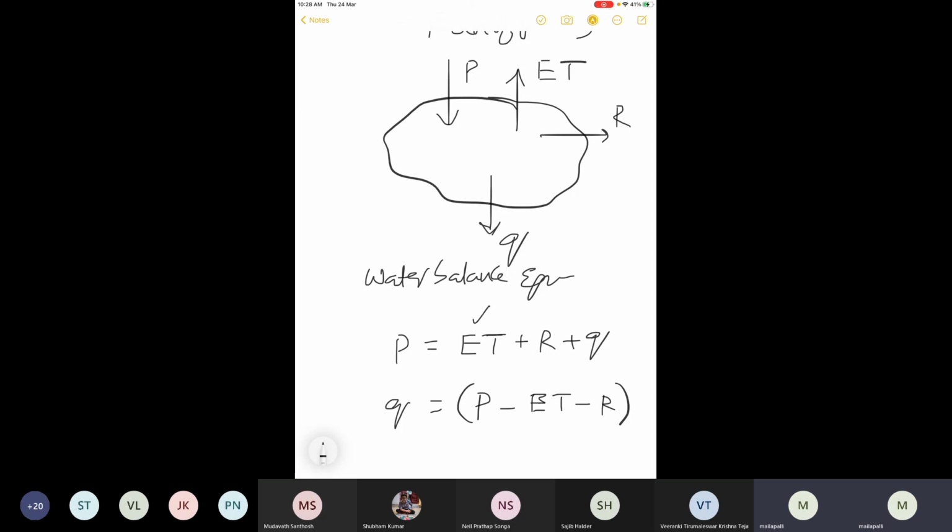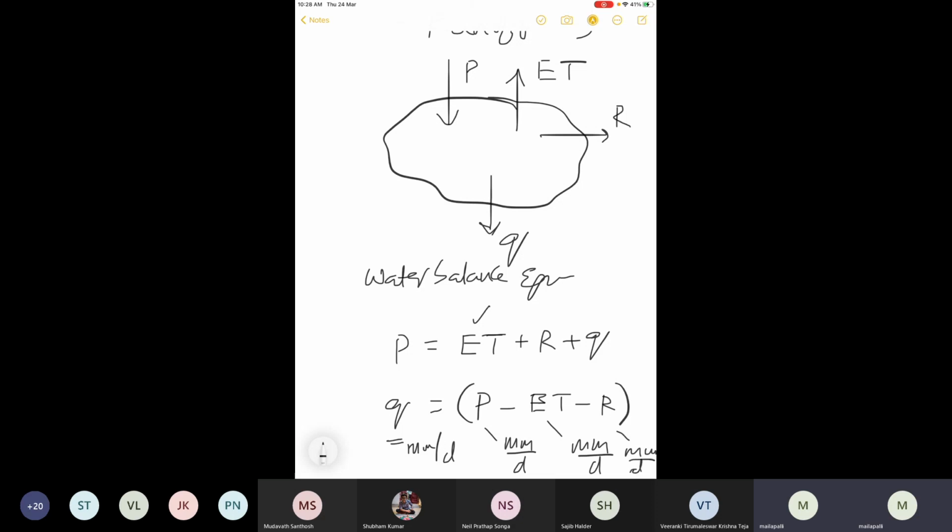Similarly for ET, 10 years daily, average them. So you get Q, and this is mm per day, and each of these is mm per day.